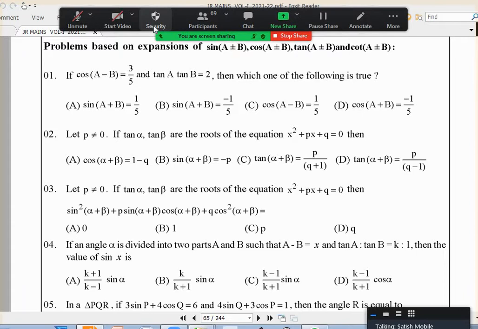Okay. Very first question. They gave cos A minus B and tan A tan B, and they want something. Cos A minus B is 3/5. Tan A into tan B is 2.